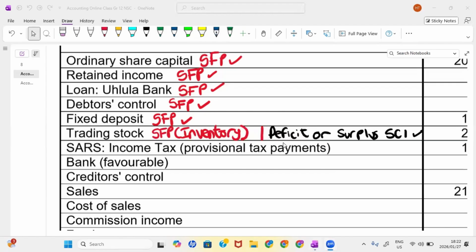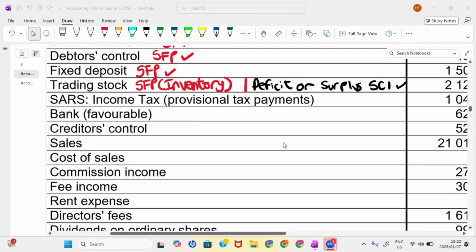Then we're moving to SARS income tax, and then in brackets, they say provisional tax payments, right? So SARS can go to the statement of financial position. It does go there.